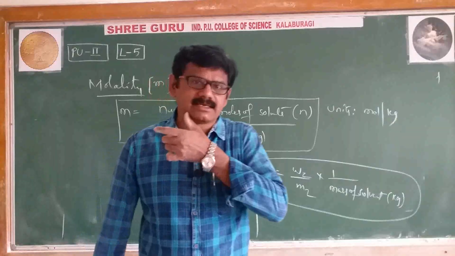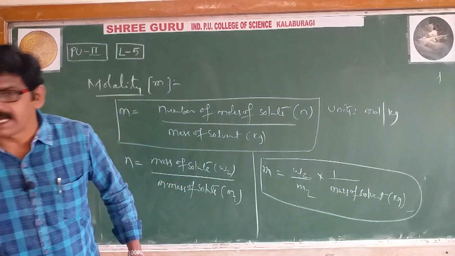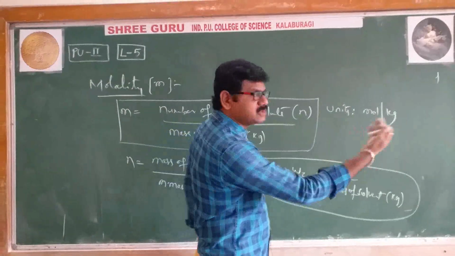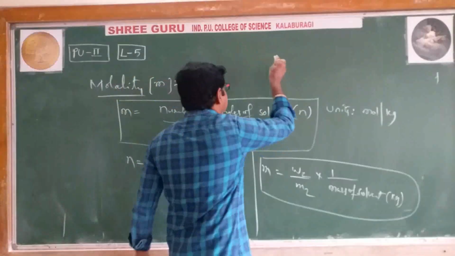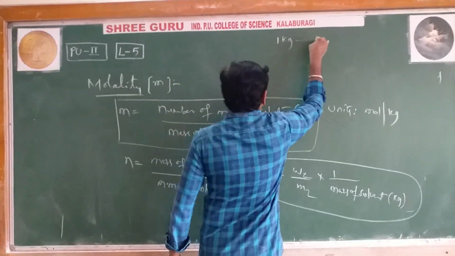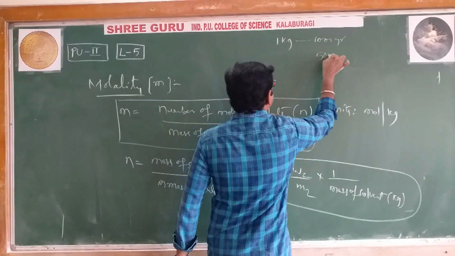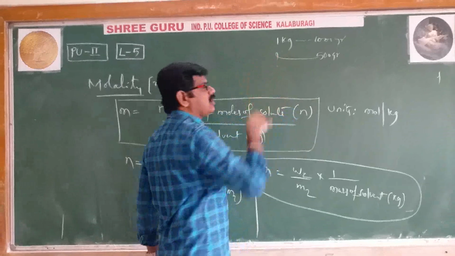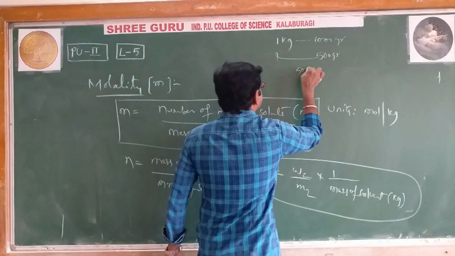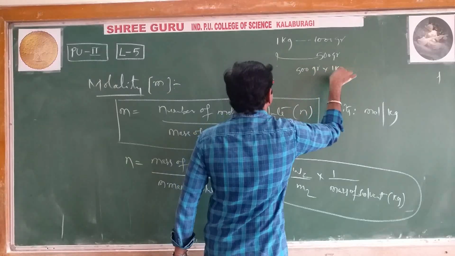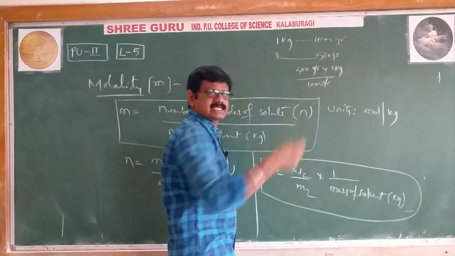Sometimes, instead of kilograms, they will give the solvent mass in grams. If the solvent mass is given in grams, how do we change this formula? It's quite similar to molarity. Generally, 1 kg is nothing but 1000 grams. Suppose 500 grams is given. 500 grams equals how many kilograms? 500 grams into 1 kg divided by 1000 grams gives the corresponding kilograms.